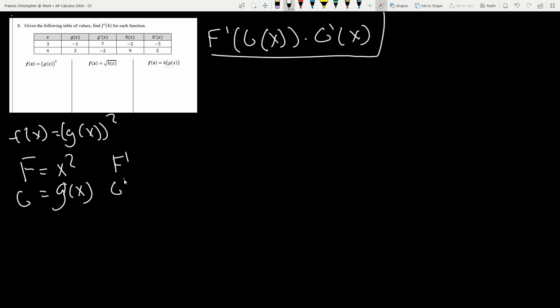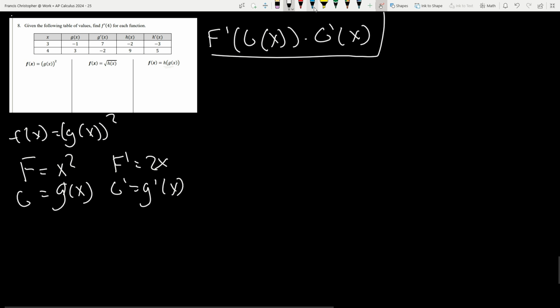F prime and g prime, by power rule, this is 2x, and g prime is just g prime of x. If you're confused how I got from this side to this side, I just took the derivative of both sides of the equation. So df dx equals power rule, so f prime is just 2x, and this one simply just took the derivative of both sides.